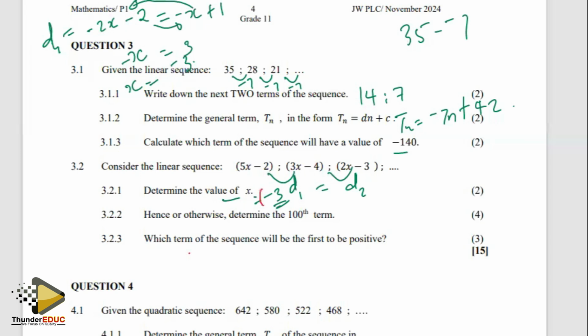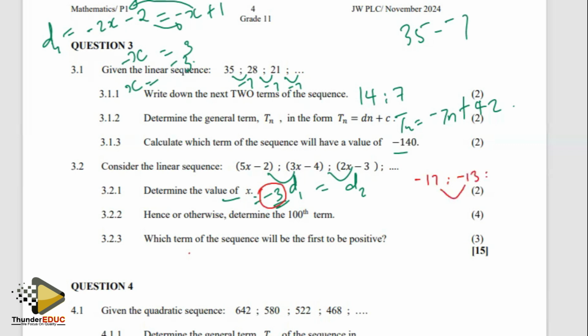Then 3.2.2, they want us to get the 100th term. So for us to get the 100th term, we just need to substitute and get the general rule. So if x is negative 3, which means my first term is going to be negative 17, because that's negative 15 minus 2, negative 17. My second term is going to be negative 13, and so on and so forth.